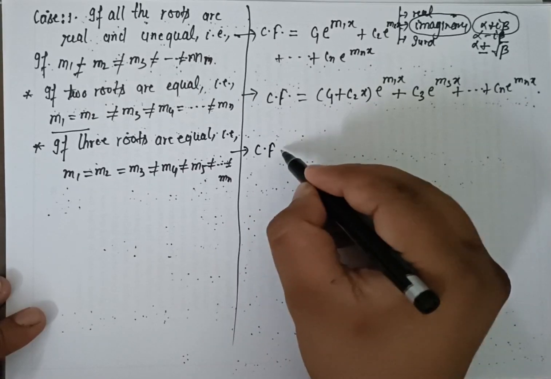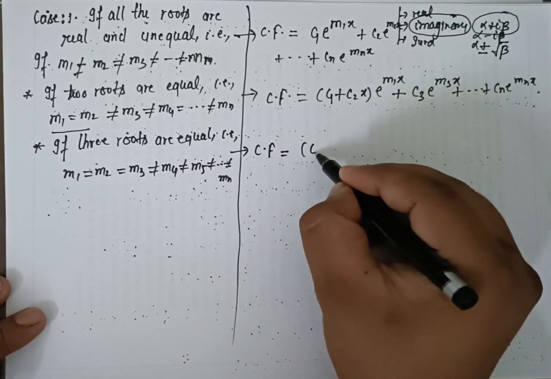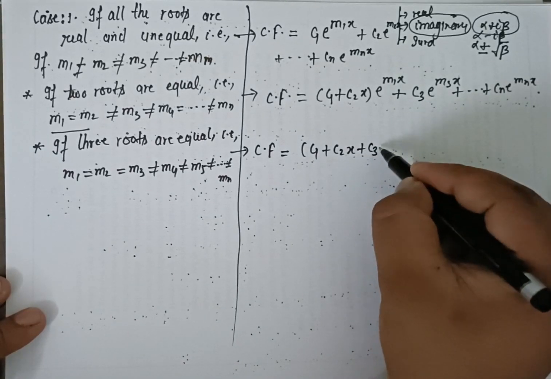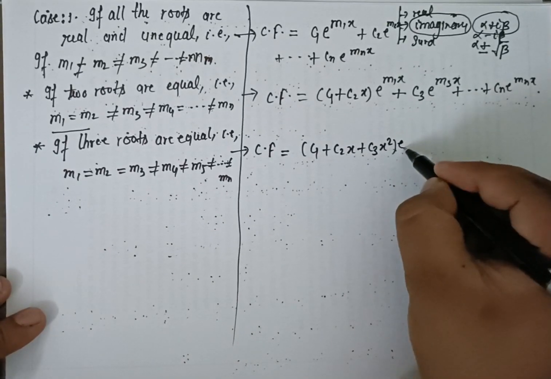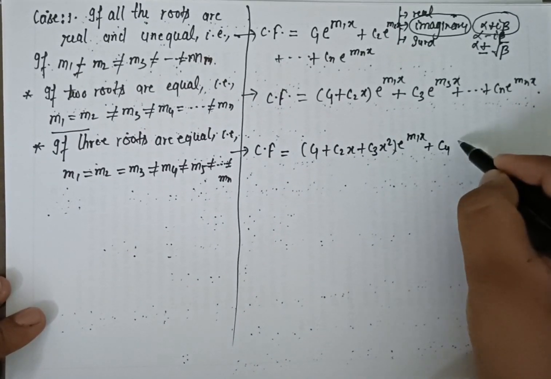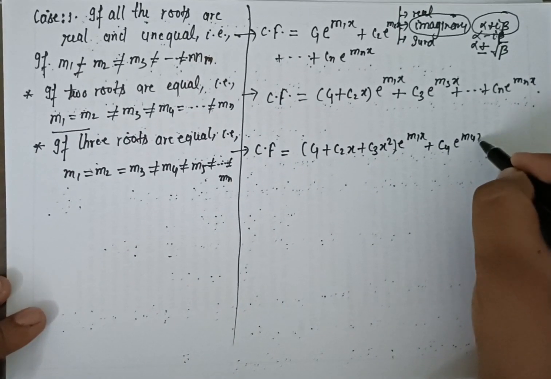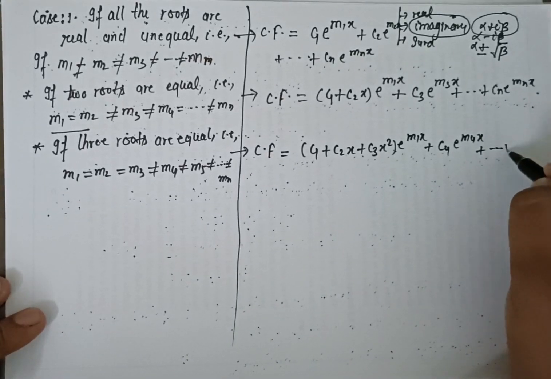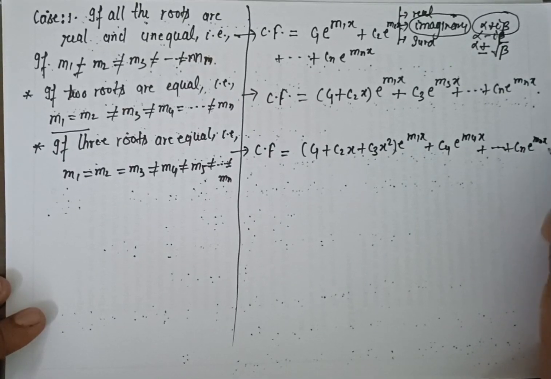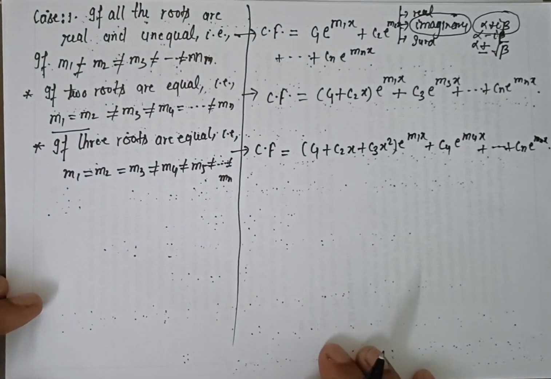The complementary function will be c1 plus c2 x plus c3 x square, times e to the power m1x, and plus c4 e to the power m4x, and then plus dot dot dot up to cn e to the power mnx. It is your complementary function.